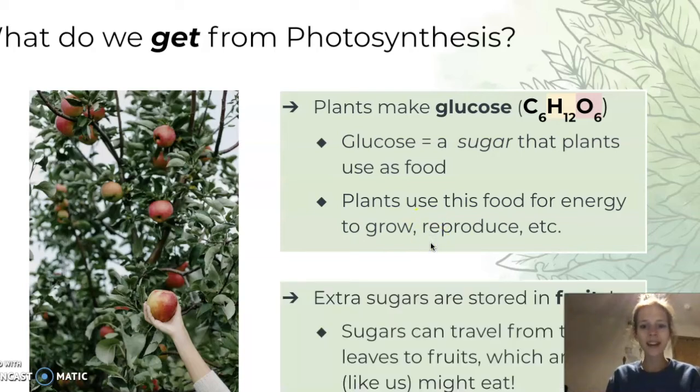But extra sugars are stored in fruits, like these apples here, and sugars can travel from the leaves where photosynthesis happens out into fruits, which animals like us might eat. So the fruits we eat and other things like potatoes and other tubers in the ground, they're all storage devices for sugars.